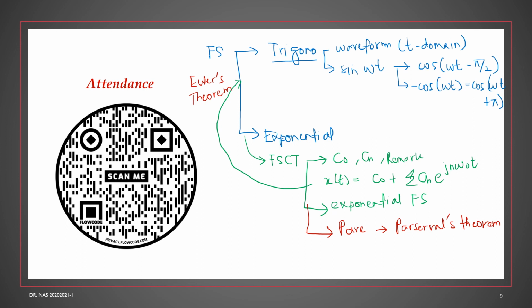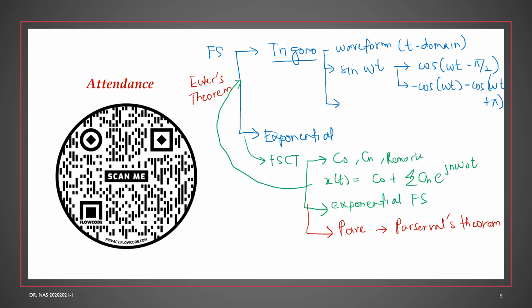You also need to apply the concept you have learned in the first chapter, signal operations, sometimes. If you have a complex equation, sometimes you may need to use a trigonometric identity to solve it. The trigonometric identity table will be provided during the test or exam.